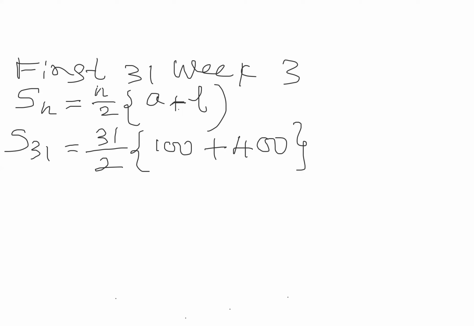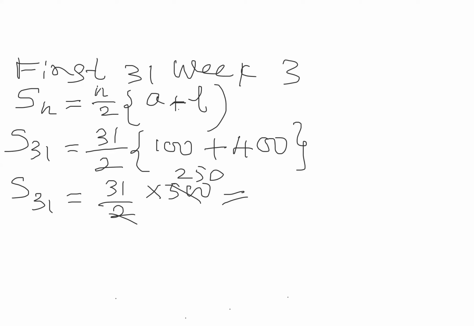So very easily you can simplify this one: 500 multiplied by 31 divided by 2, right? That means the answer, you can now use your calculator, dividing 500 by 2, 250, times 31.